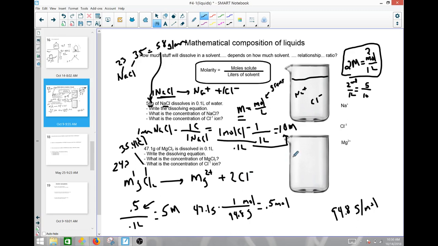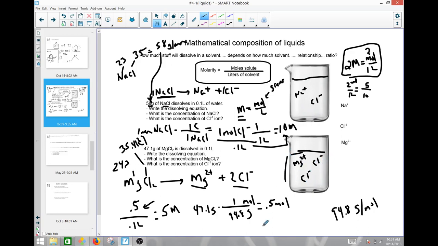All right, so let's draw a picture of this thing. If we dissolve it, we would get 1 magnesium and 2 chlorines. Mg2 plus. Make sure you show your charges on these guys. Cl minus and Cl minus. So for every 1 unit we add, we get 1 magnesium and 2 chlorines.